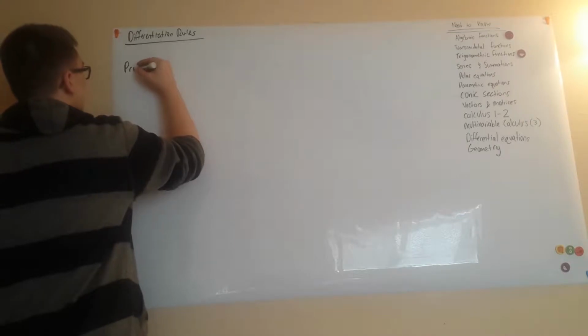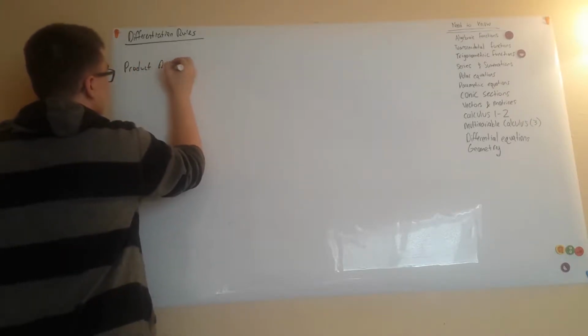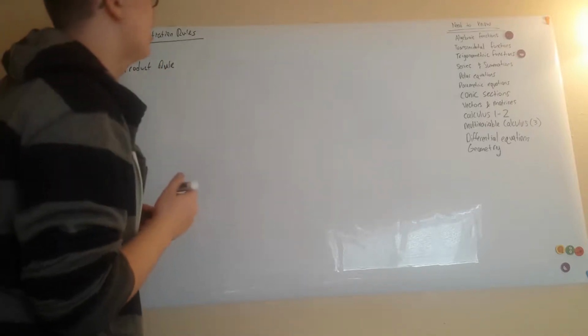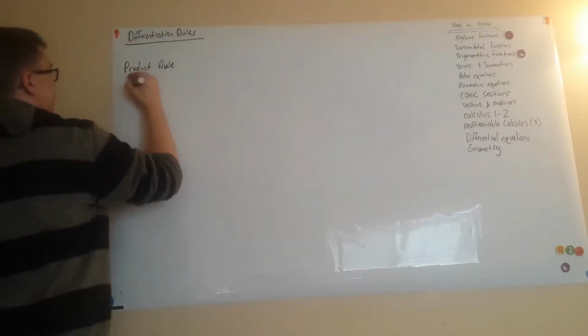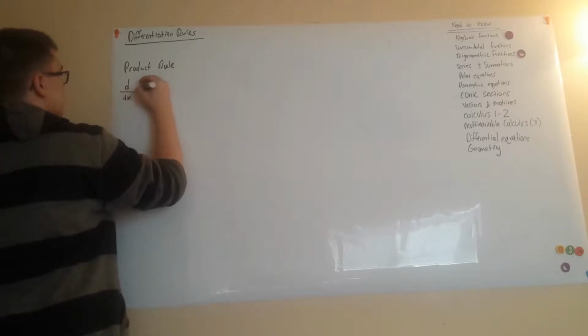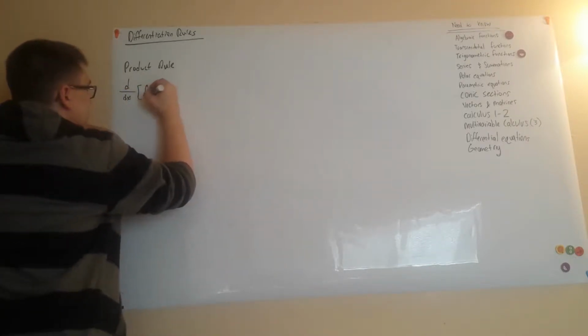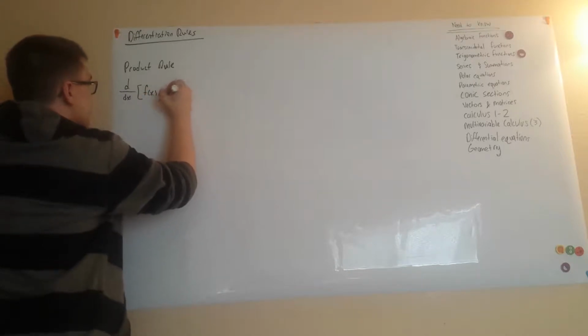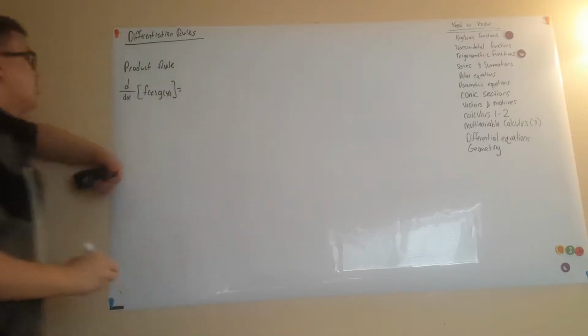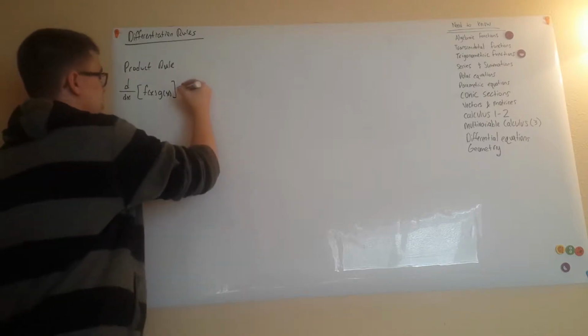Product rule. Product rule says if we take a derivative of f of x times g of x, then here is how we do it.